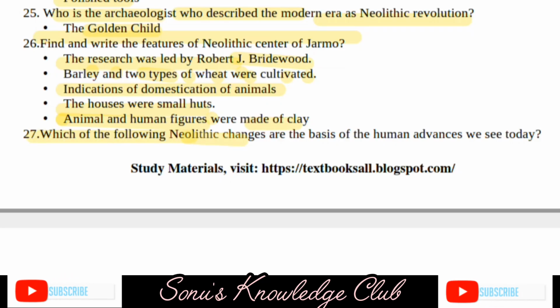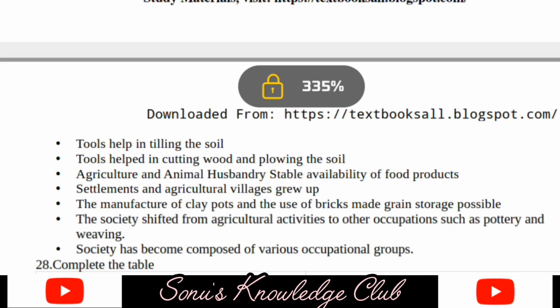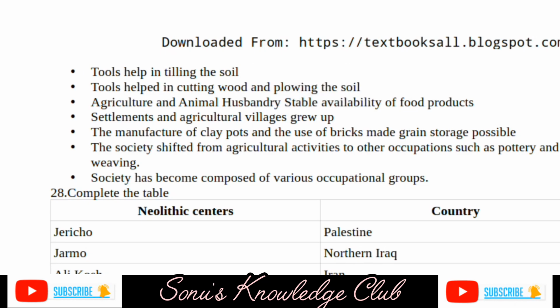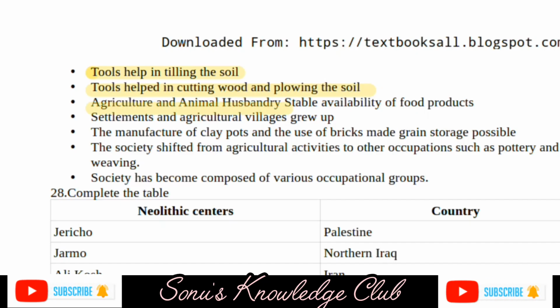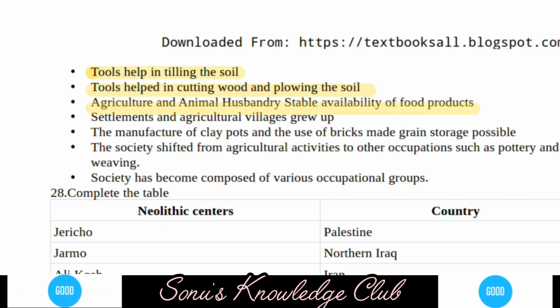Which of the following Neolithic changes are the basis of human advances we see today? Tools help in tilling the soil. Tools help in cutting wood and plowing the soil. Agriculture and animal husbandry, stable availability of food products.